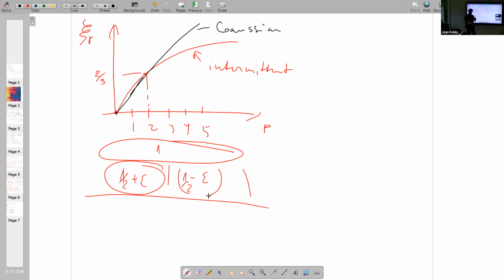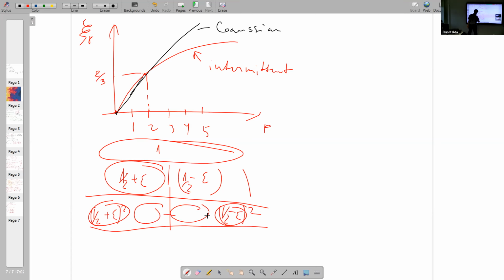And then this goes again into 2 halves. This one now has (1/2 plus epsilon) to the power of 2. This one has (1/2 minus epsilon) to the power of 2, and these two in the middle have (1/2 plus epsilon) multiplied by (1/2 minus epsilon), and so on.